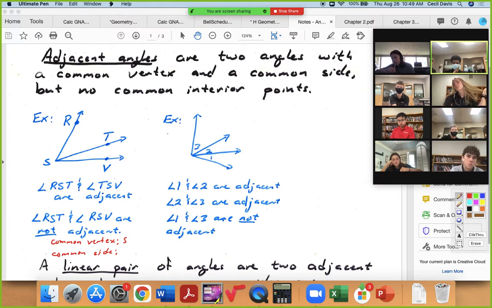Yes, and what are the two sides of angle RSV? Yes, and did you notice you said one of those twice, right? So the common side is ray SR.